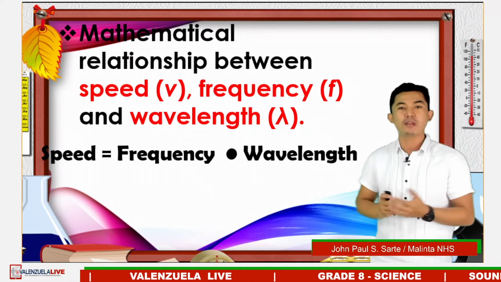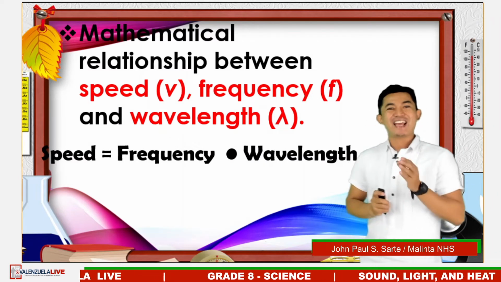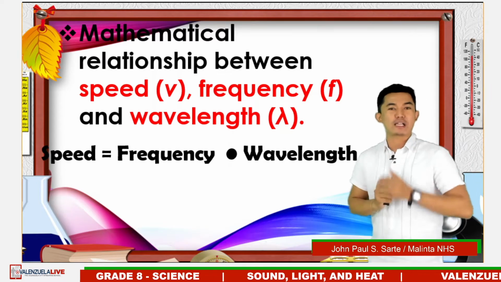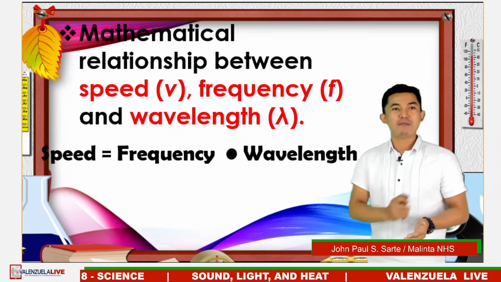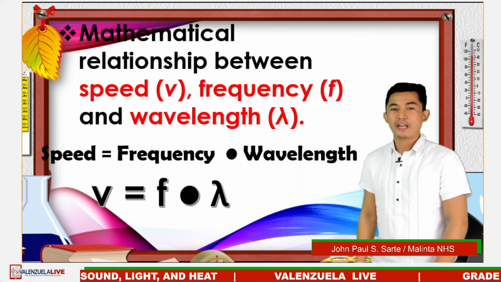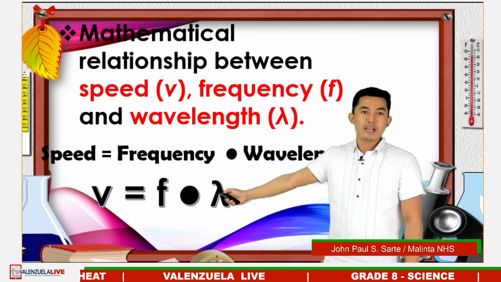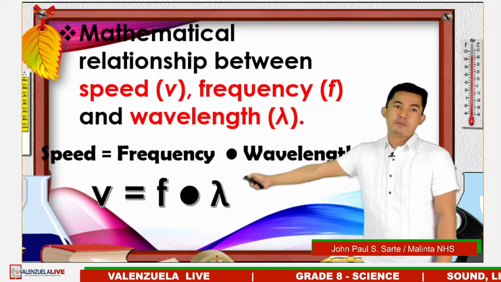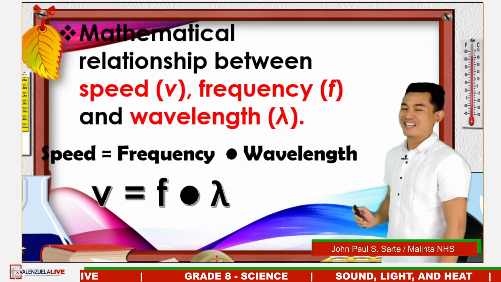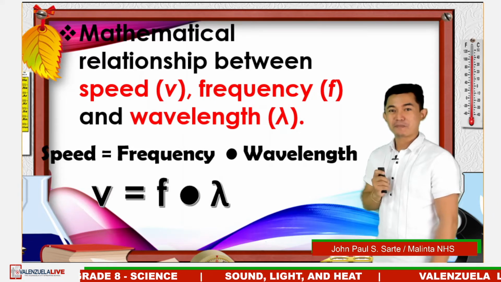As we go along, later, we will compute the speed, the frequency, and also the wavelength. So, small v for speed is equal to frequency, small f, multiplied by lambda, which is wavelength. Understood, class?